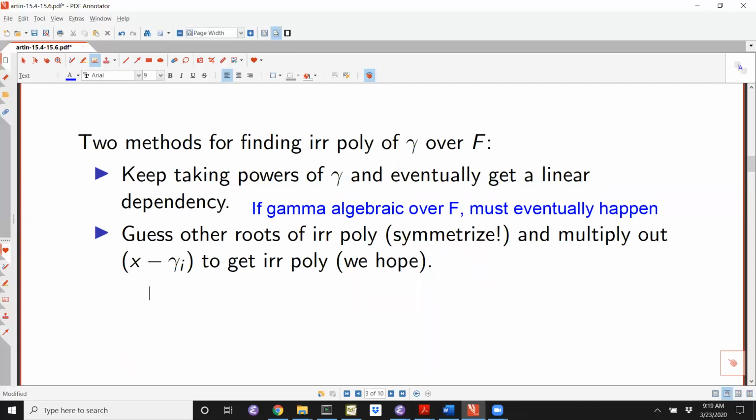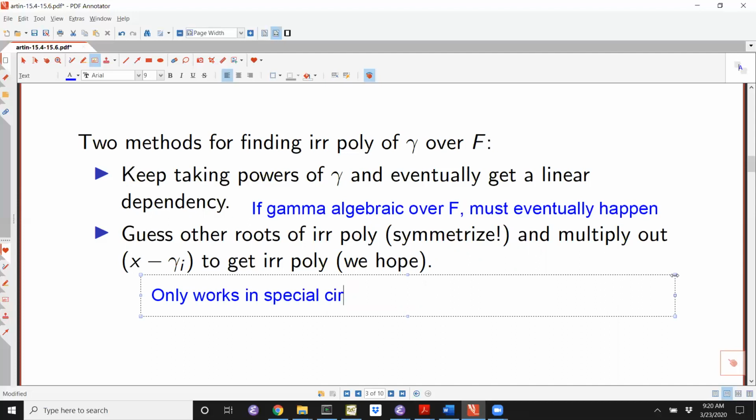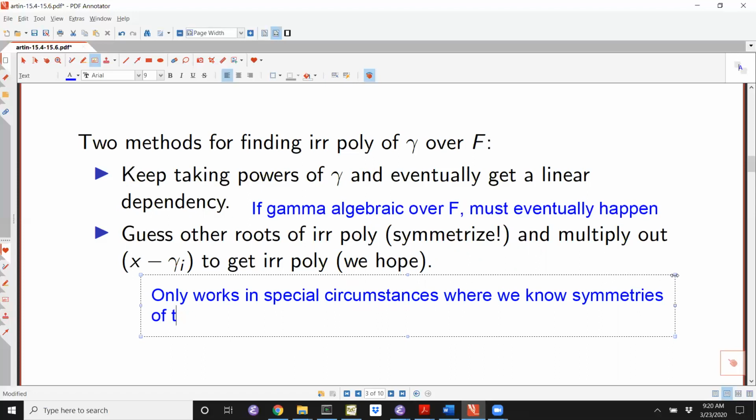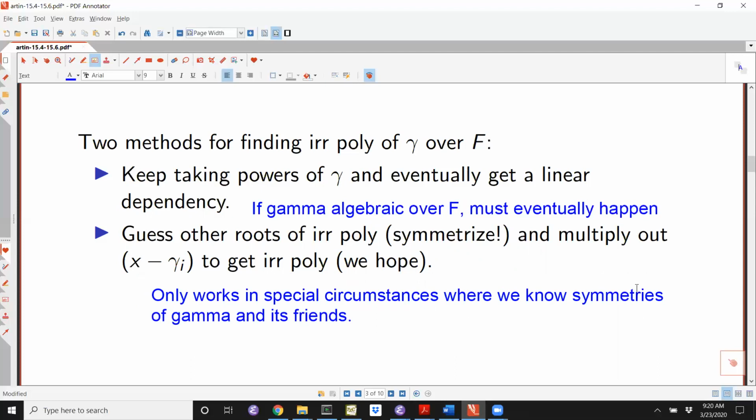That pretty much only works in special circumstances where we know the symmetries of gamma and its friends. That's super vague, but we'll see some examples of this when we get to finite fields soon enough, and certainly when we get to Galois theory in chapter 16.